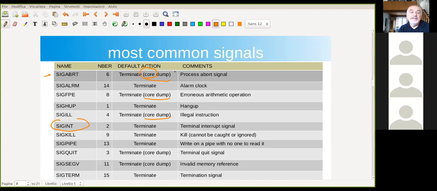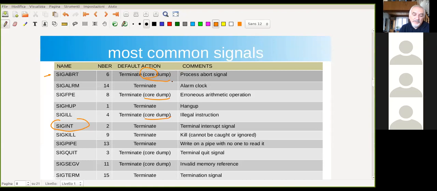And there are analyzers of the core, both used with the shell or with the graphic interface that you can go inside. It's exactly the core they examine when you use a graphic user interface for writing programs, and you put a breakpoint or something like that. You analyze what happened. So you can spy inside the program and know exactly when the program was terminated, which were the values of all variables and everything.